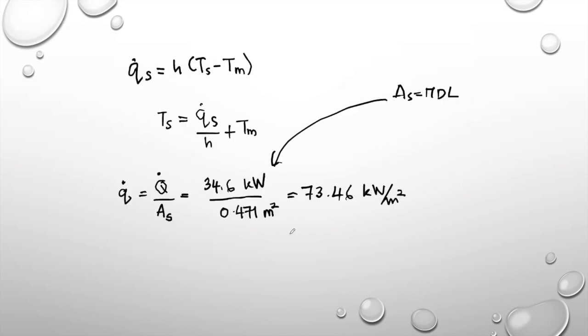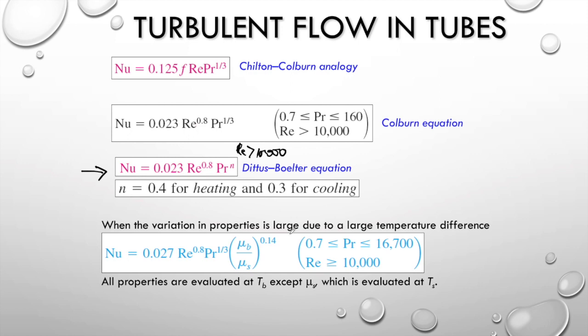Therefore, we will use the Dittus-Boelter equation, where we substitute the Reynolds number and the Prandtl number to the power of n. Now we want to find what n is.